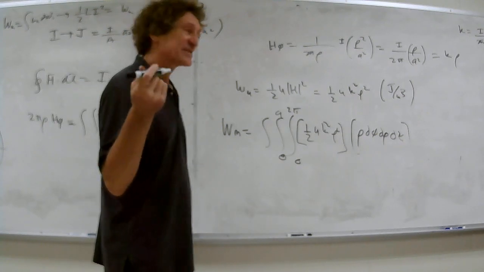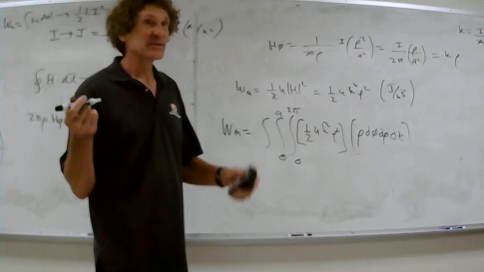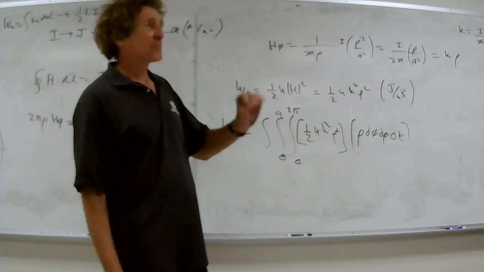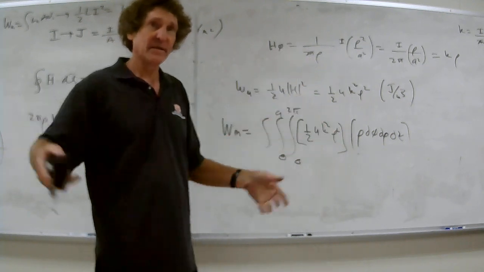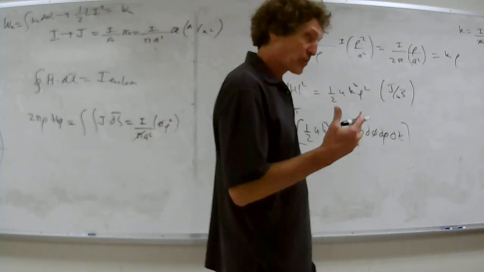And finally, where does z go from? Hint, per meter. 0 to 1. If you have any choice in the matter, make the length 1. Now that's the energy per meter, right?